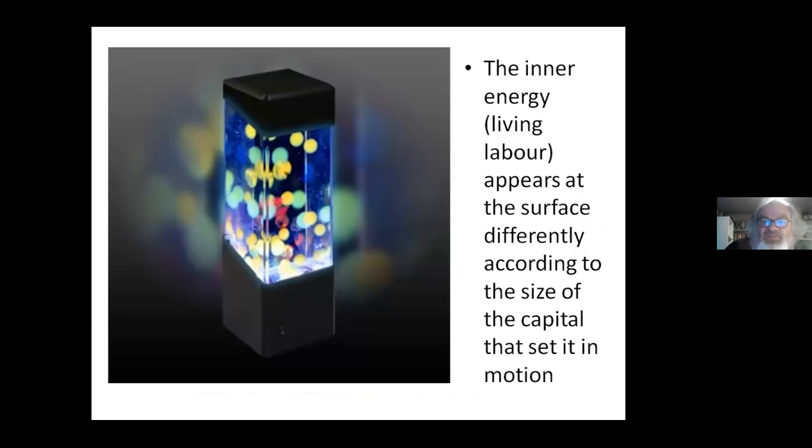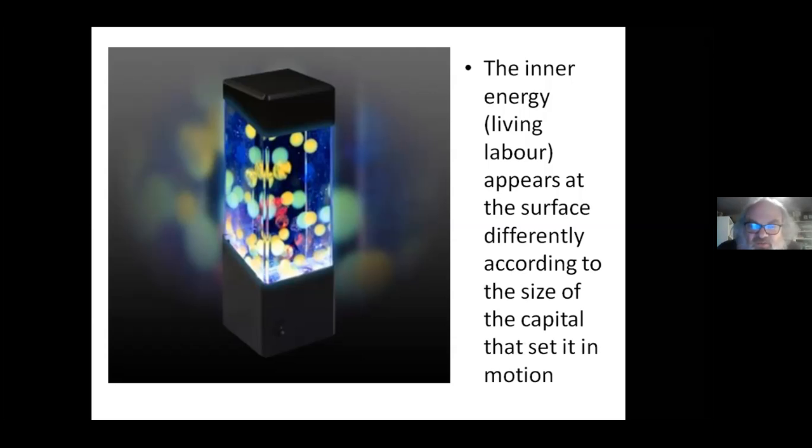What I'm trying to say here is that the light is the living labor, and the way the light appears is, if you like, shining from inside. The light is produced in production, and the way it appears on the surface is different to what it is on the inside.